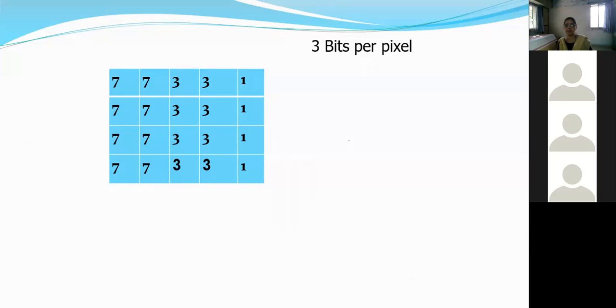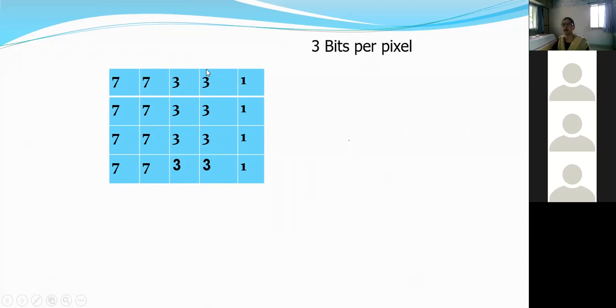Very good, Sharan, Mehak, Sakshi, Pranav, Soumya, all of you have given me the correct answer. So for the first two pixels, the most significant bit is 1 because we represent 7 by 111. For the next two pixels, they have value 3. We represent 3 as 011.